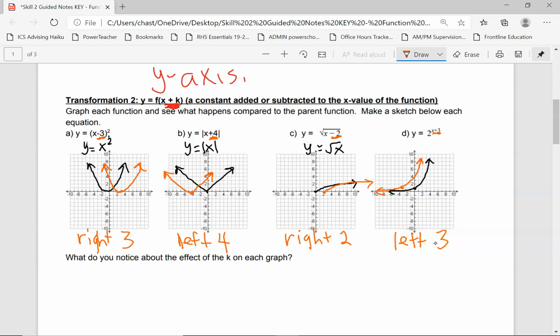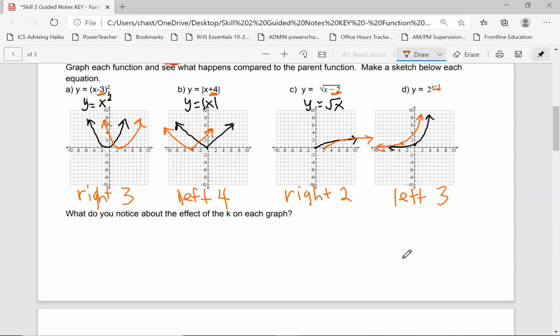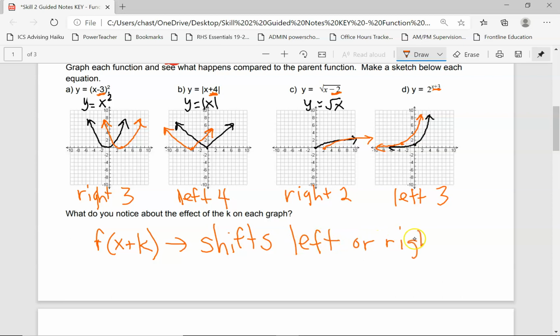All right, and you could explore Desmos if you wanted to look more into that, but just notice that when you have the k, in this case, so when you have f of x plus k, the graph shifts left or right, and I call this the weird one, so it does the opposite of the number.